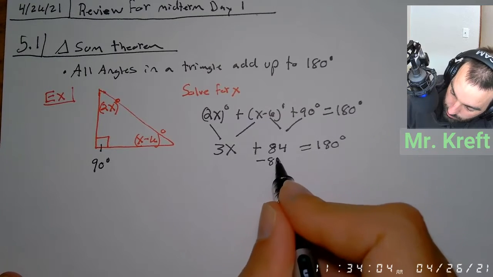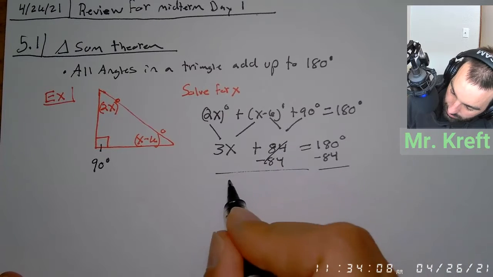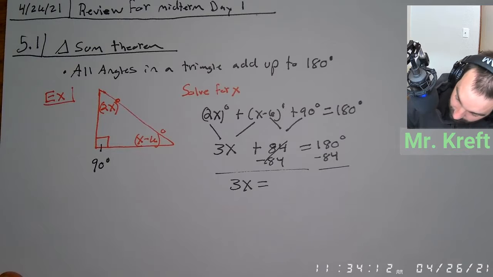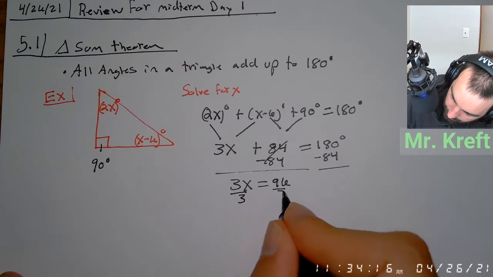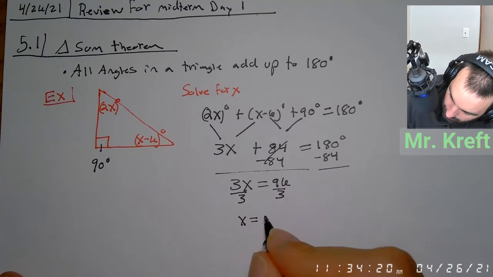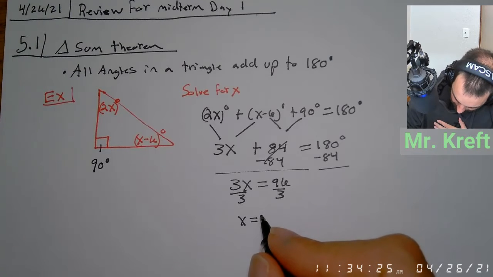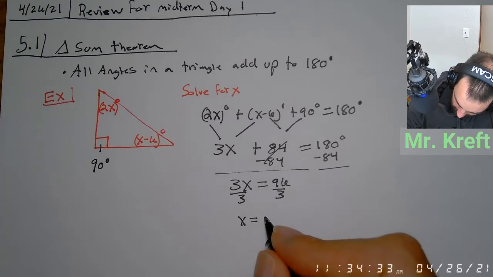And then I would subtract 84, get rid of that. So I get 3x equals 96. And so I divide by 3. And so I get x equals, I think I'm doing this right, 32. Did I do that right?